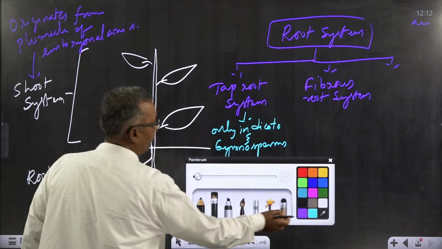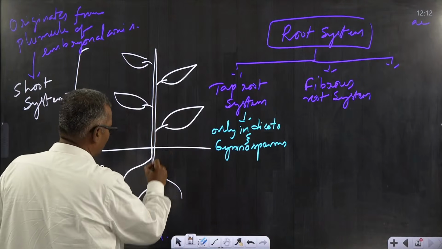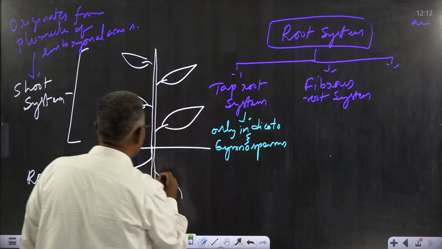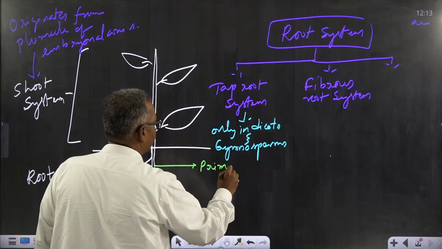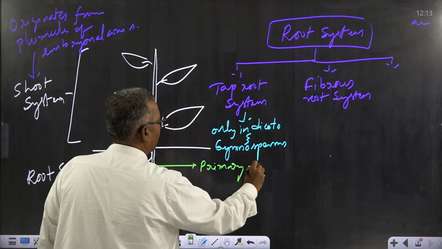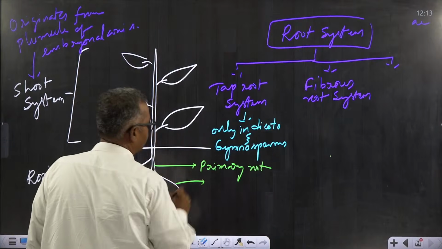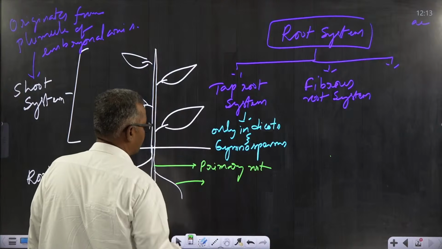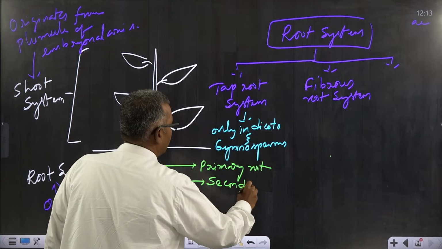Now look here. The radicle grows into a primary root. This primary root then forms branches of different orders. The first order is called secondary roots.